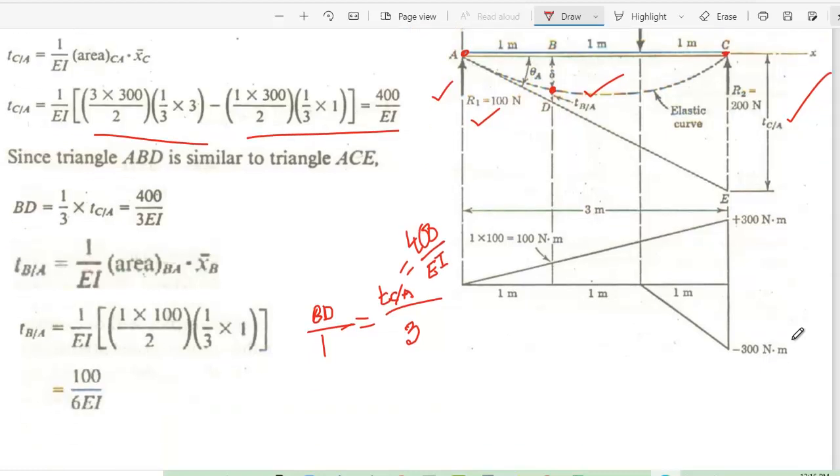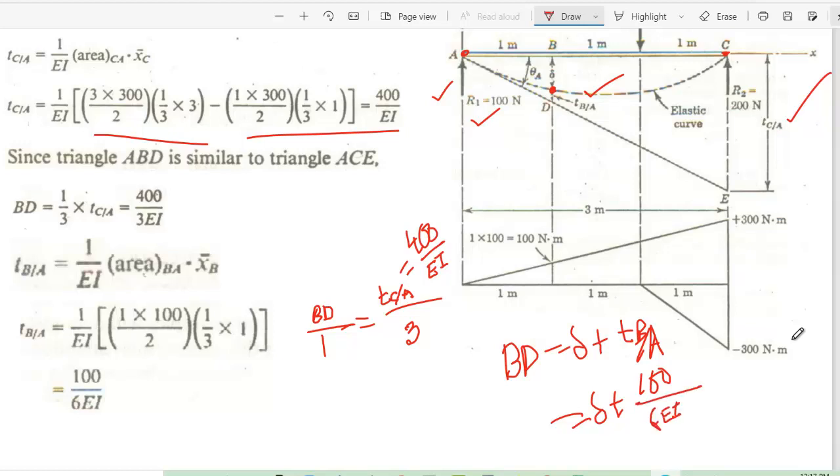And you know the value of BD, which is del plus TB by A. So now you put the value of del. What is TB by A? Here you can see TB by A is 100 by 6 EI. So what else do you need here? BD. You can calculate BD from this, because you know this one and this one.